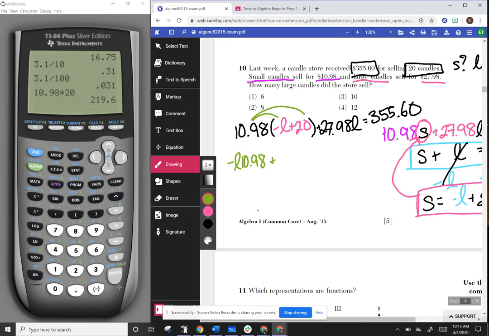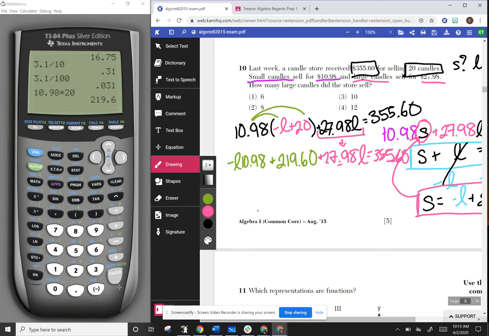So we get plus 219.60. Now bring the 2798L down, so plus 2798L equals 355.60.